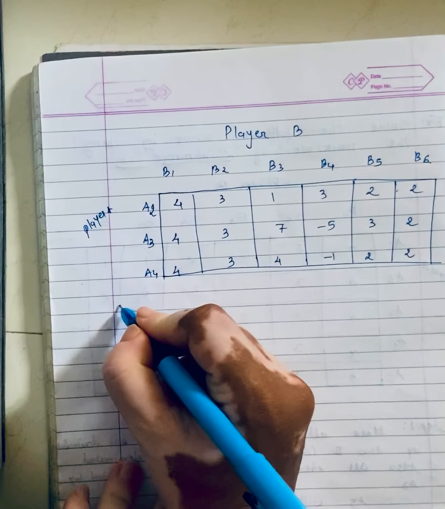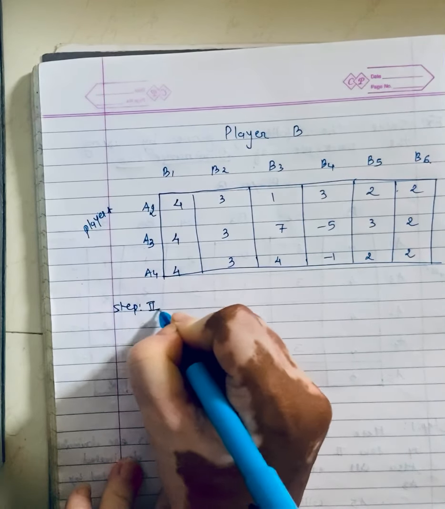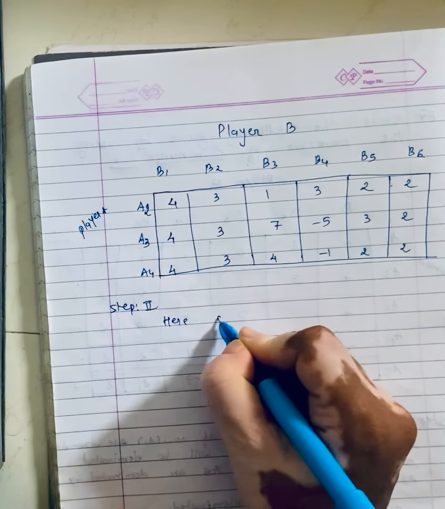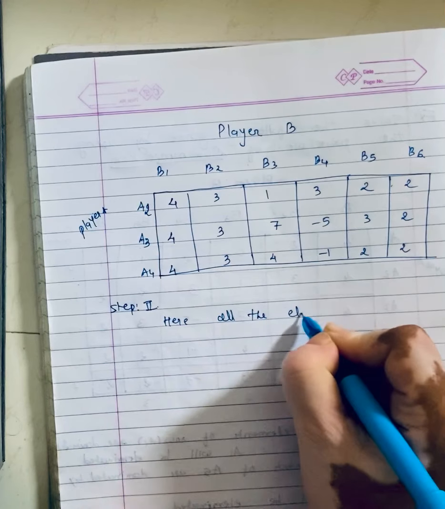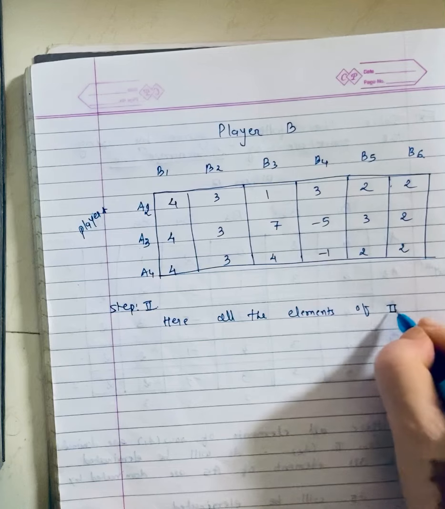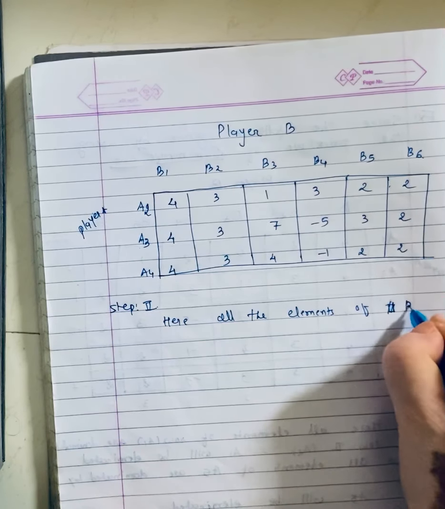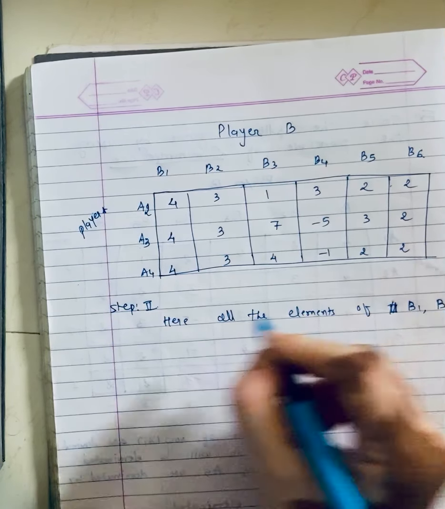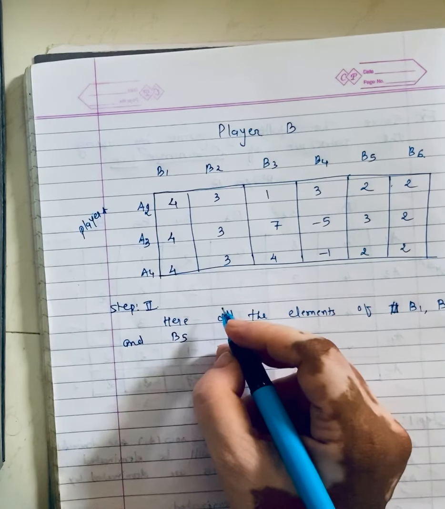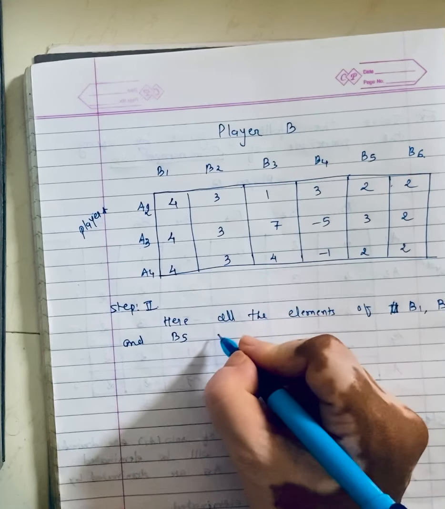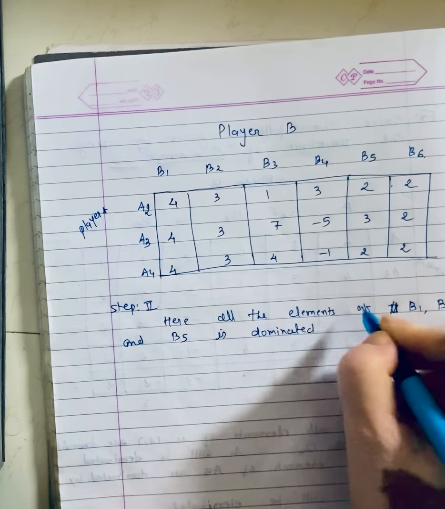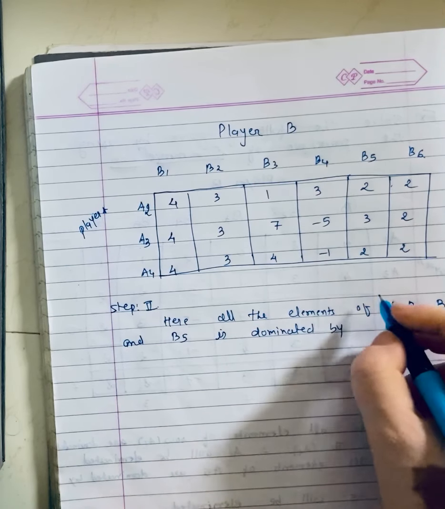Let's write step 2 here. All the elements of B1, B2 and B5 are dominated by B4.